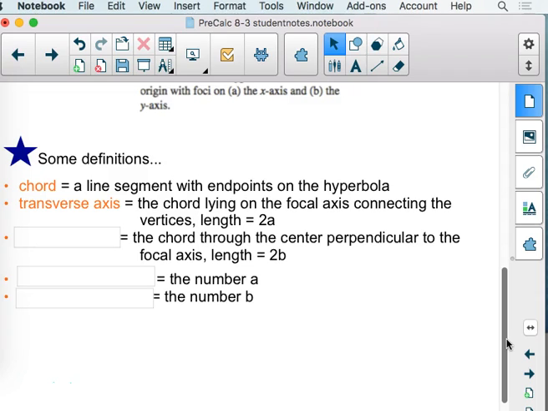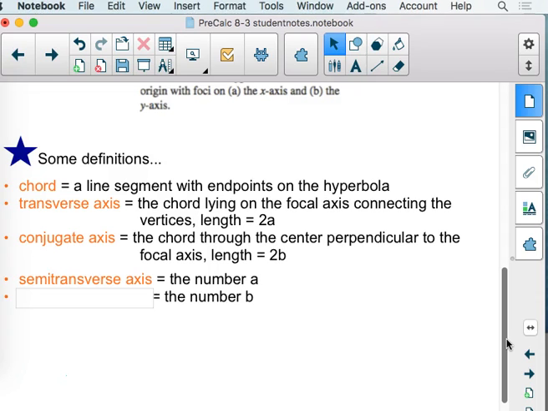And then the one with the length of 2b, the conjugate axis. That name kind of makes some sense because conjugate is kind of undo. So it's undoing that transverse axis. And then the number a is the semi-transverse axis. Again, the names do make sense because semi in math means half. We talk about semi-annual interest, that means interest twice a year. So they're saying if you break that transverse axis into 2 equal pieces, you get a.